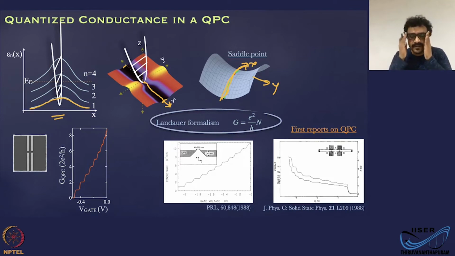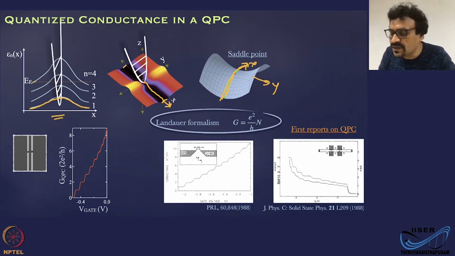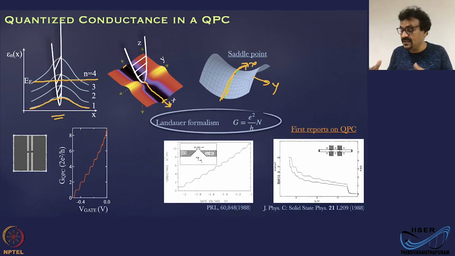So when you push the parabola up, you push the levels gradually up with respect to the Fermi energy that is shown here. The number of levels or subbands in the channel available for transport depends on the gate voltage.